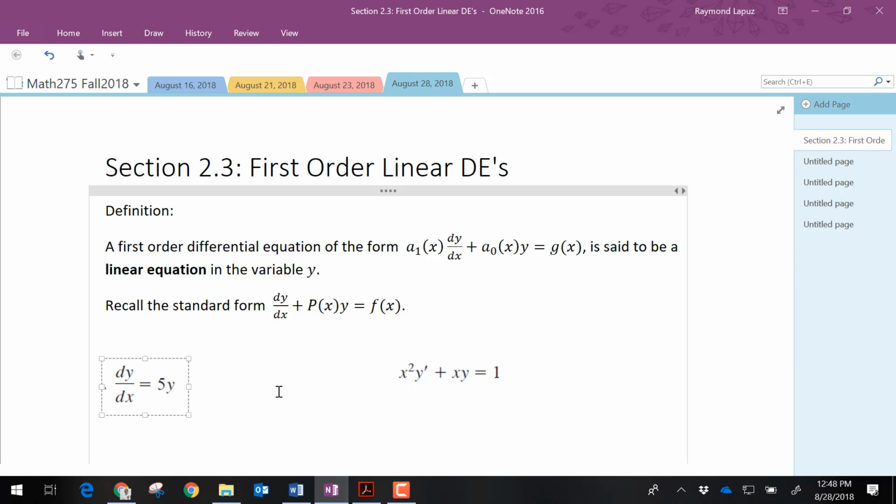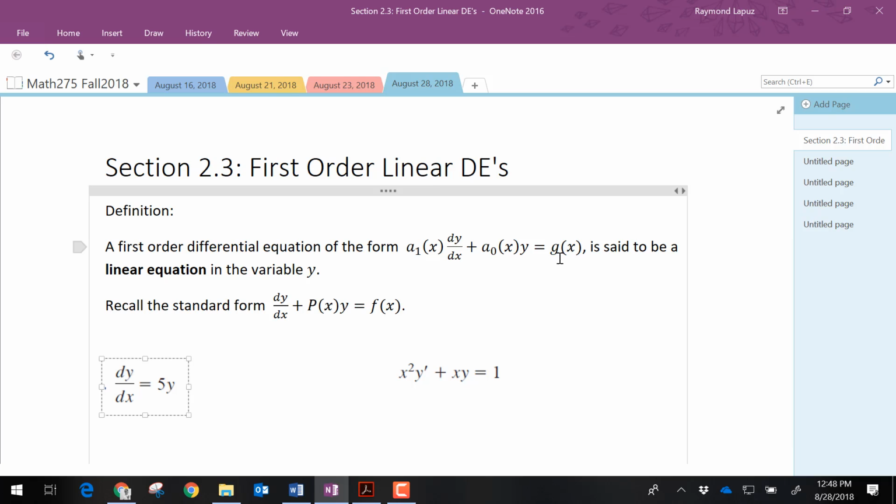Now, there could be other functions that exist, and they could be squared or square rooted or sine or ln or whatever, but the y's and the y primes are not. So, a first order linear differential equation is of this form. Some function times y prime plus another function times y is equal to another function.